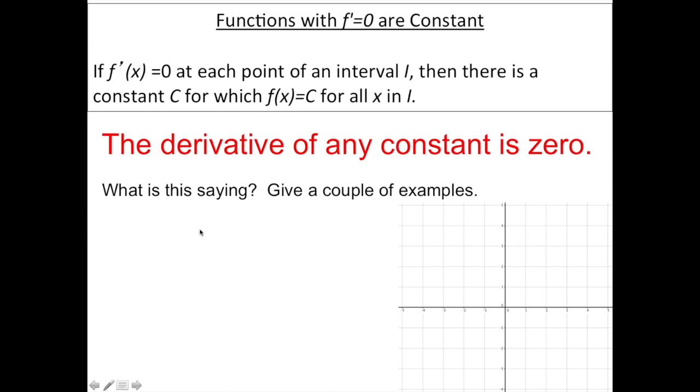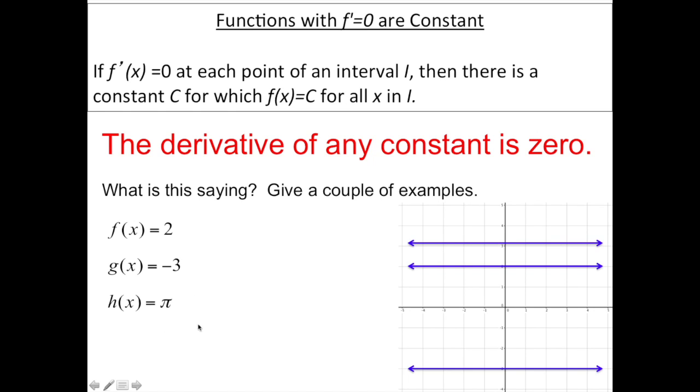So let's give us a couple examples here. For instance, here's a horizontal line, f of x equals 2 or y equals 2. That has 0 slope. So it has a derivative that's 0. If I ask you to take the derivative of this, the derivative would be 0. g of x is equal to -3. Again, horizontal line. It has a 0 slope. And if I took the derivative of this, you'd say it would be 0. Here's another one. h of x equals pi.